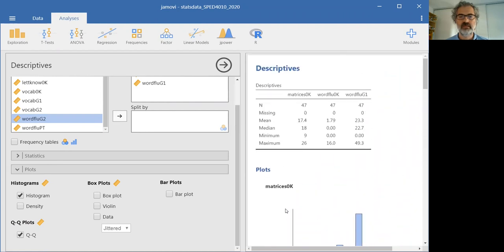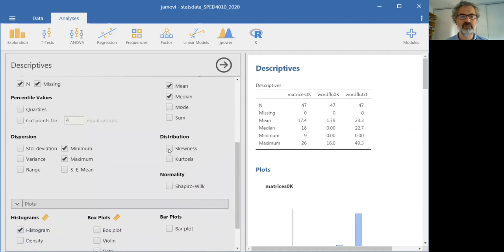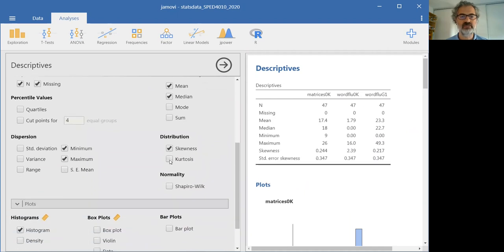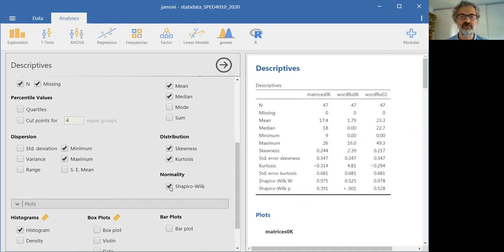To get the indices that are associated with the asymmetry or symmetry of the distribution and the proportion of values away from the mean, I have to go and check on skewness and kurtosis in the distribution checks of descriptives. And the statistical evaluation of normality is done using the Shapiro-Wilk test.